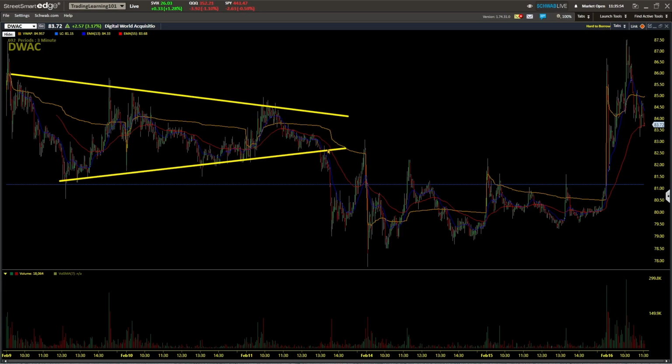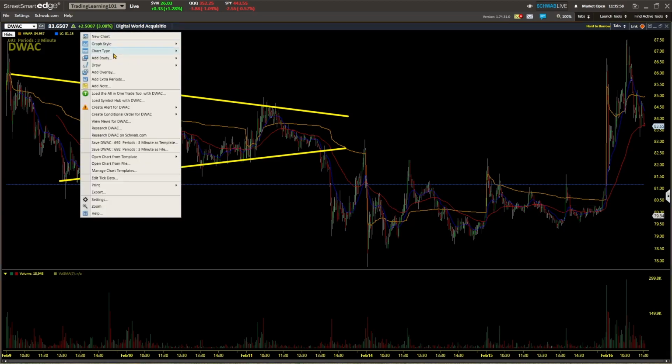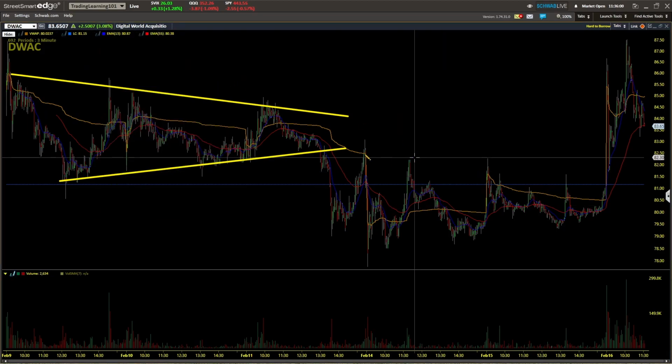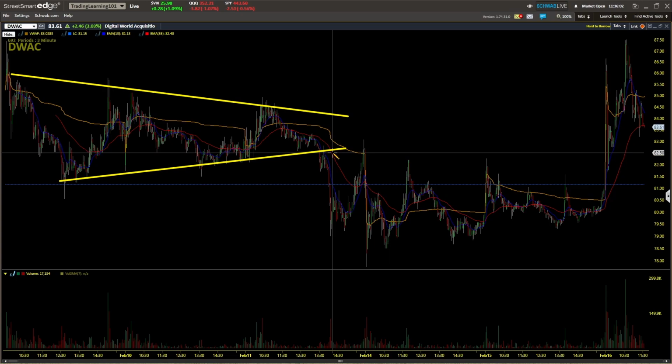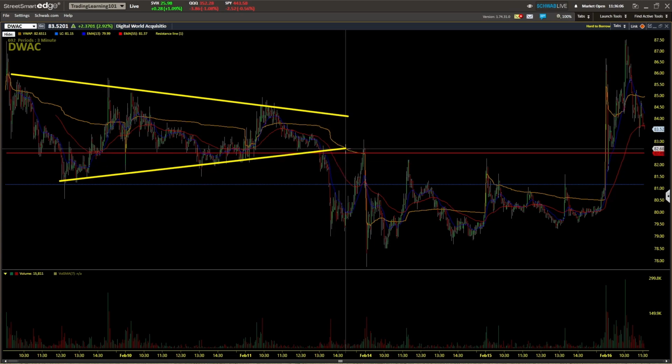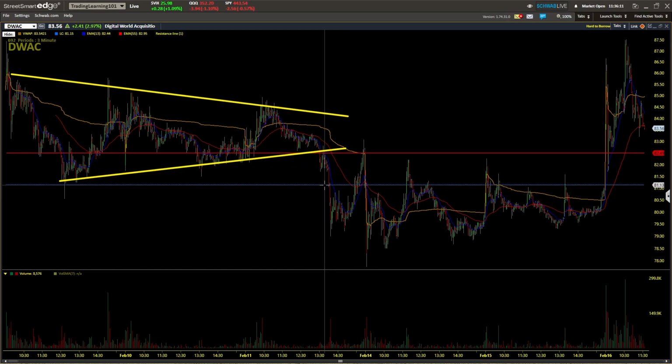And when it broke down, I'll even get out my resistance line here, it started to break down out of that wedge at around $83. It broke down at $82.50. And when it broke down out of it, notice how every single time the stock ripped back up, it was hitting it as resistance. That's how I know it's an area of interest right there.